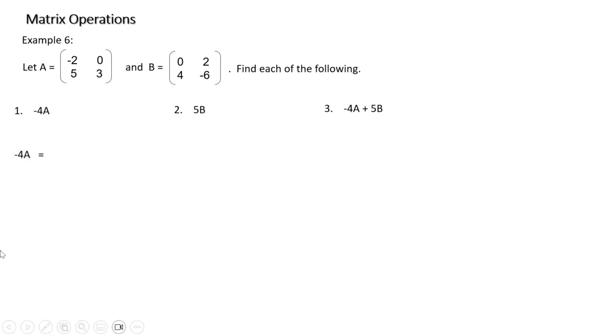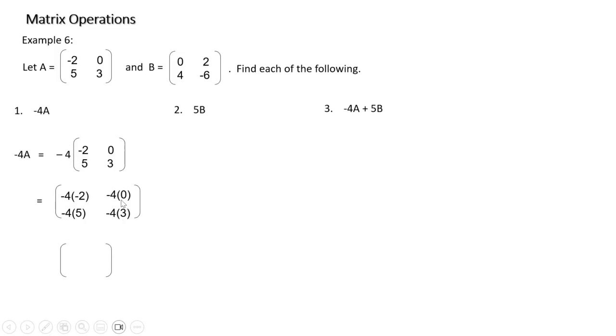So let's first start by doing -4 times matrix A, which would be -4 times -2, 0, 5, and 3. It will give us -4 times -2, -4 times 0, -4 times 5, and -4 times 3. But if you want, guys, you can go straight from the original problem to the answer.